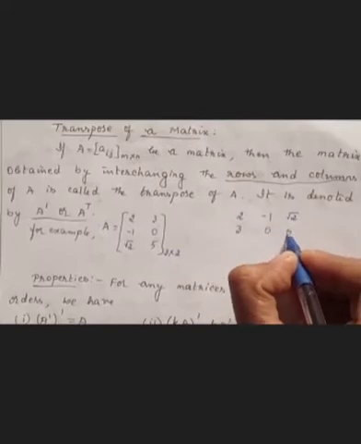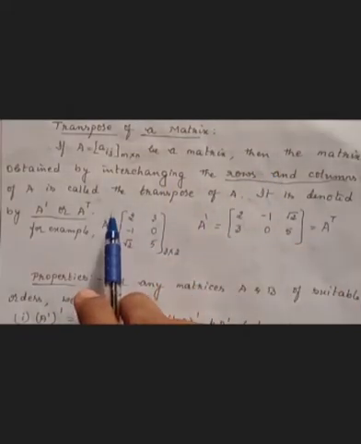One more column, written as a row: 3, 0, 5. So this is the transpose of the given matrix, also denoted A to the power T. The transpose of a matrix A is obtained by interchanging its rows and columns.